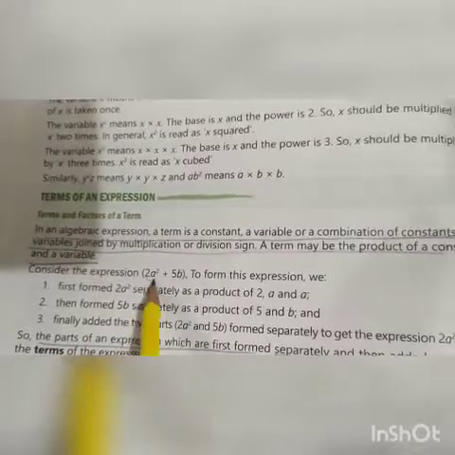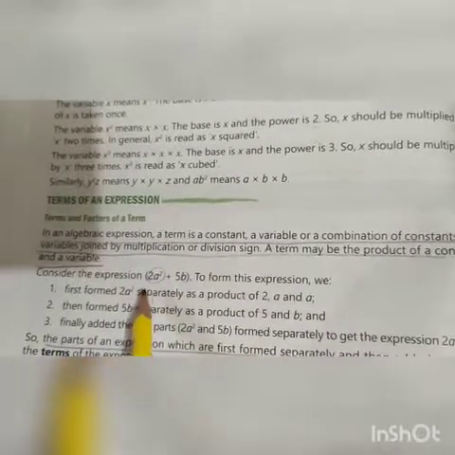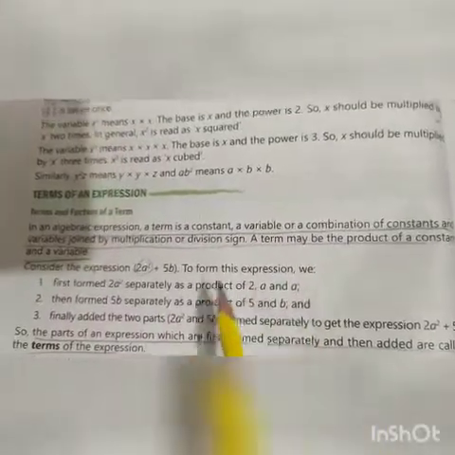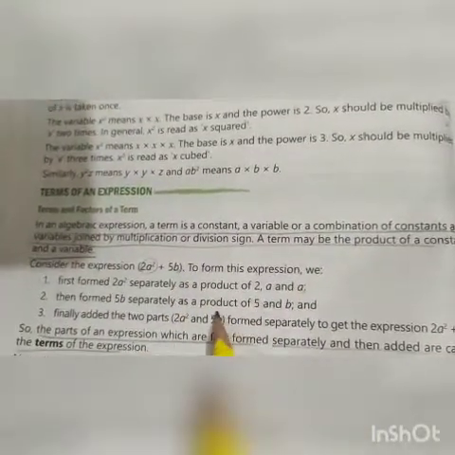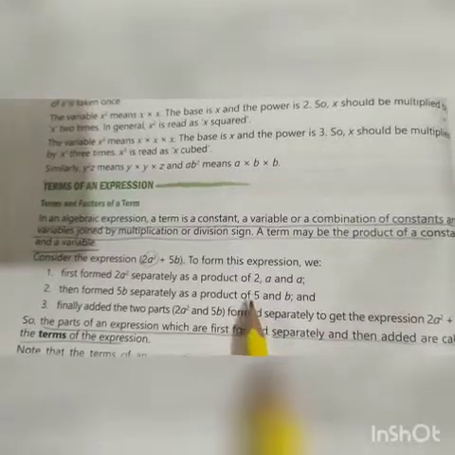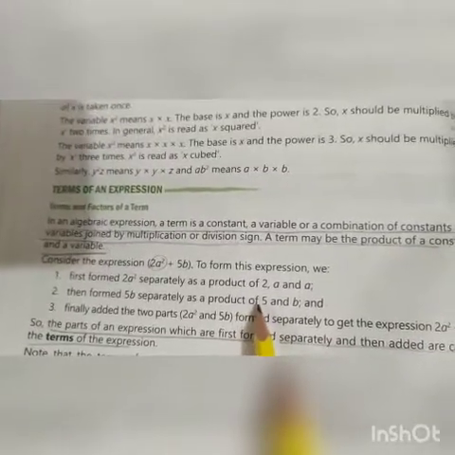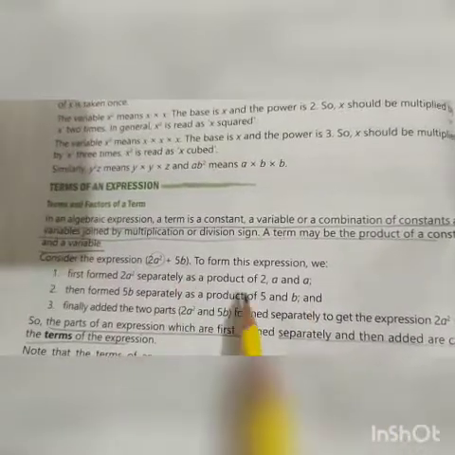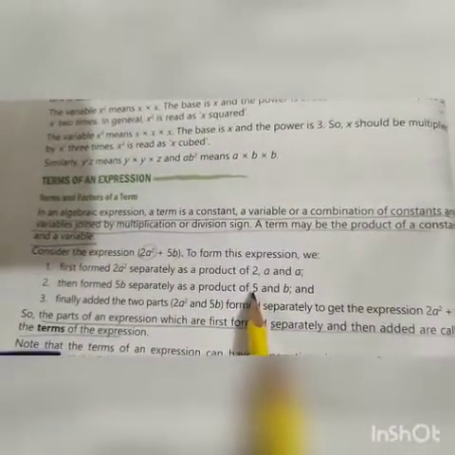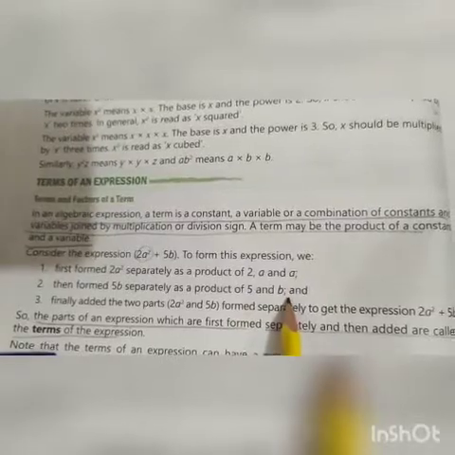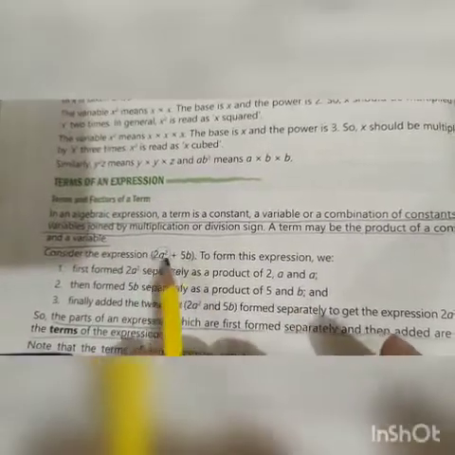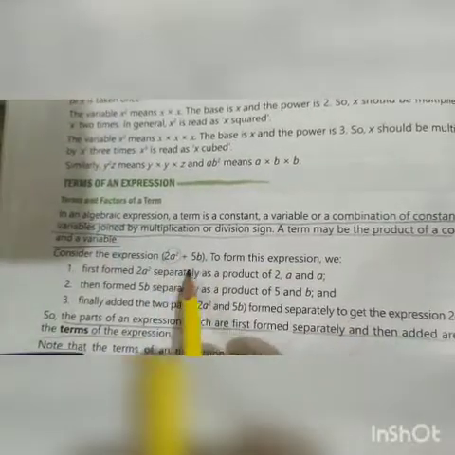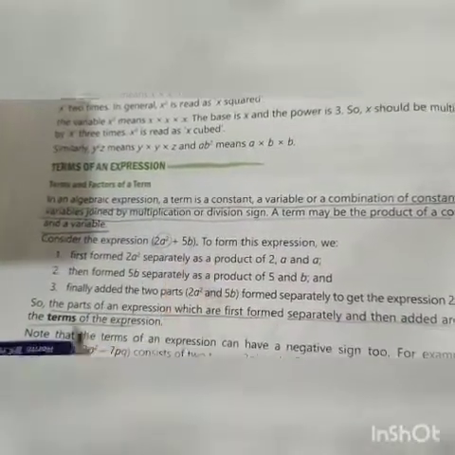The first term 2a square is formed by the product of 2a and a. The second term 5b is formed by the product, meaning multiplication, of 5 and b. The second term 5b is formed by the two factors 5 and b. And these two terms are joined by plus sign. It becomes an algebraic expression.